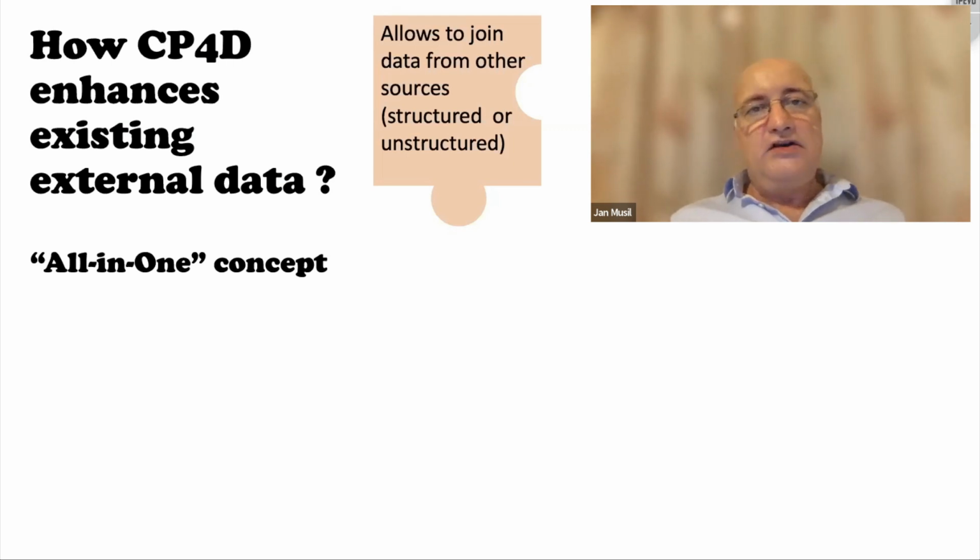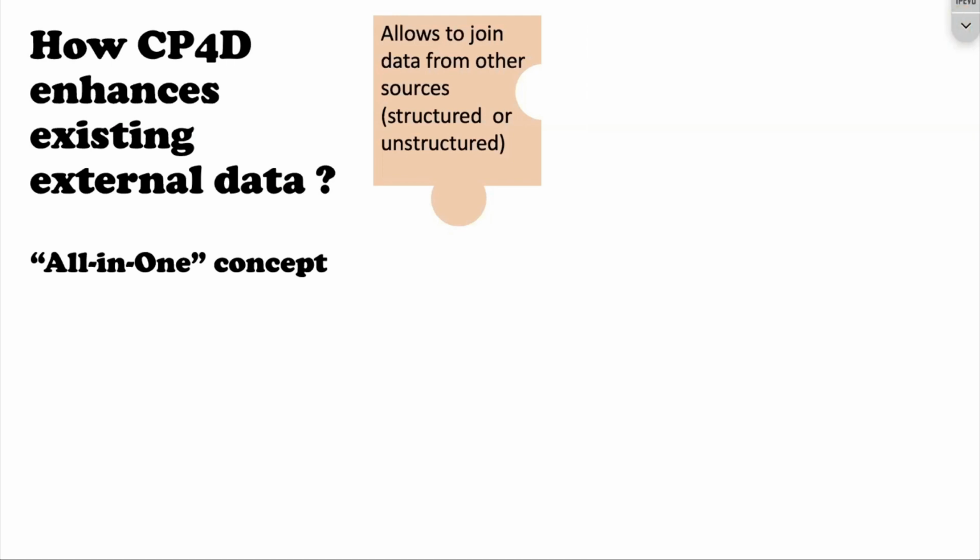We also can join different data sources of different types, which means that we can do so-called data virtualization. For example, we can have data from Informix and from Oracle in separate storages, and we can join them and create a view on this data and do different analysis, aggregation, etc.